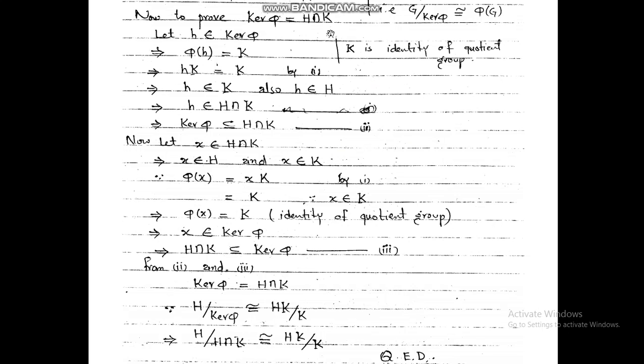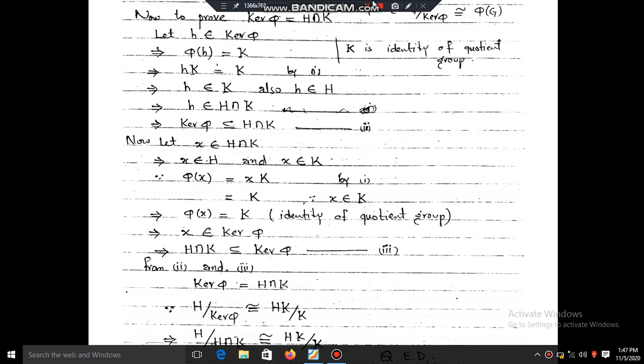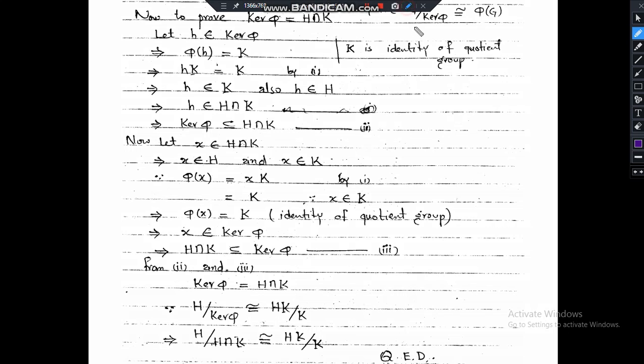But in this case we have to show that this K is a kernel or not. So to prove this K is a kernel, we have to add this extra activity which we have discussed in our previous theorem, which is related to the kernel of a subgroup.